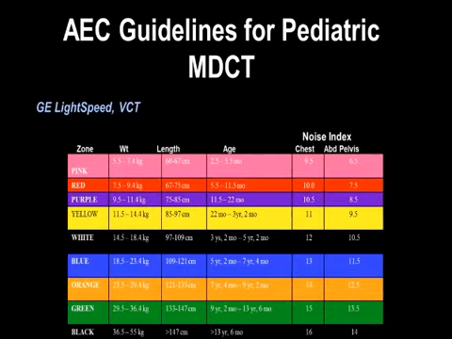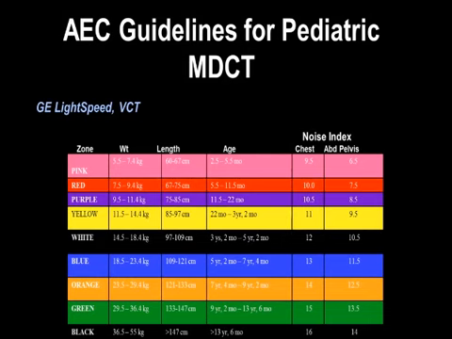But because of that, when we've designed our protocols, and I'll put my email address at the end of this if anyone wants protocols, you notice that our age-related protocols here, beginning the youngest children with pink down to black, which is adult size, that we have different noise indices, and we have different noise indices for the chest and the abdomen. Now, these are modified a little bit as we've invoked ASIR and some other iterative reconstructions.